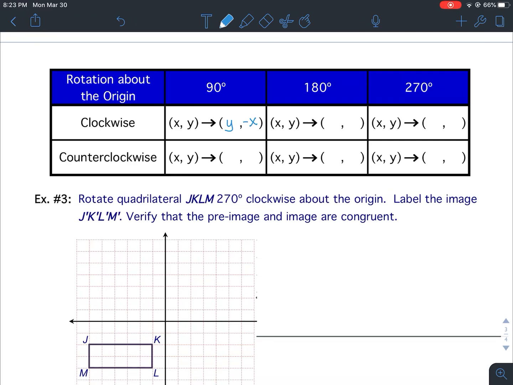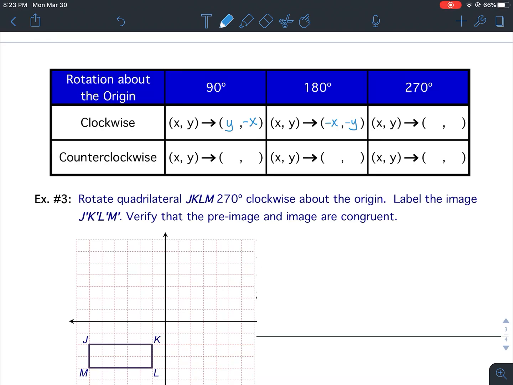If you remember, to go from the first pre-image to the last image, both coordinates became negative. So when you rotate something 180 degrees, the coordinates both become the opposite. You take the opposite of x and the opposite of y.